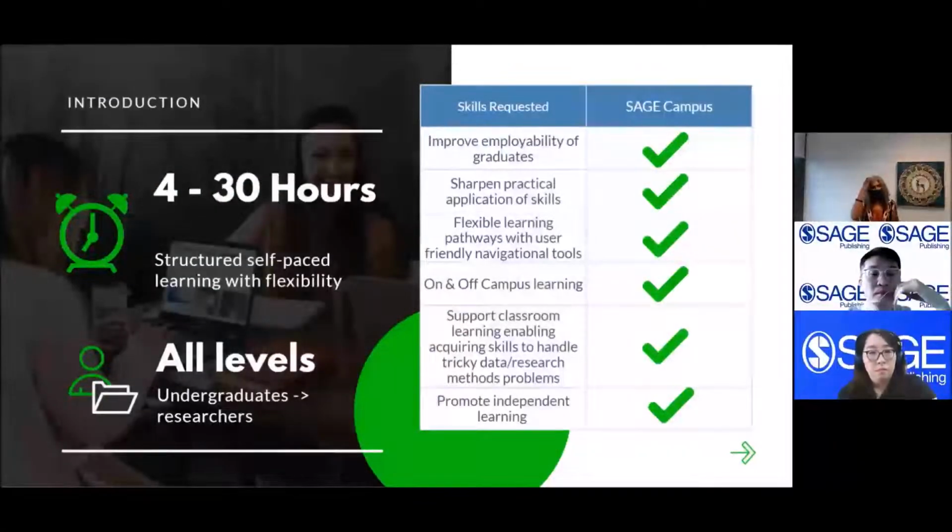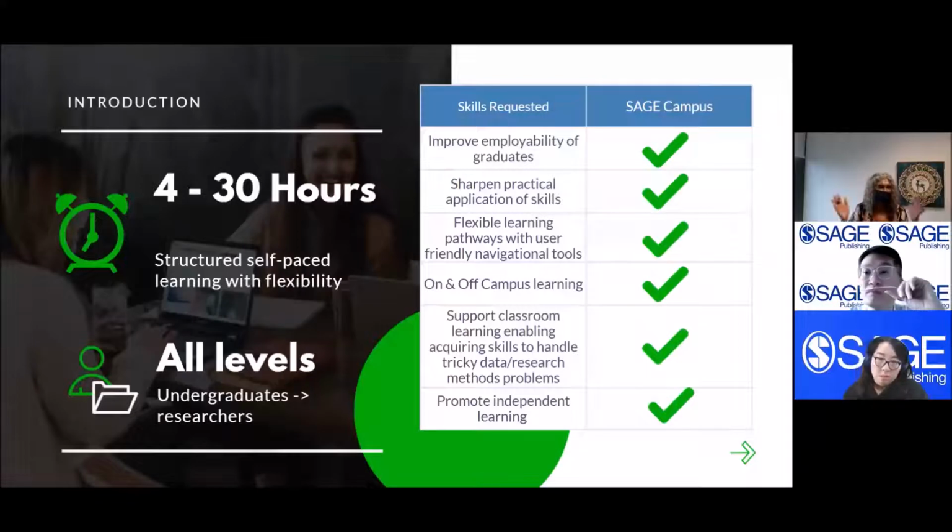So in March 2020 and April 2020, we did this survey. And librarians came back to us, together with faculty and students, and they said, I need courses that are between 4 and 30 hours. I want it to be very structured, so it teaches me what I need to do, whether it's beginner, intermediate, or advanced level courses.